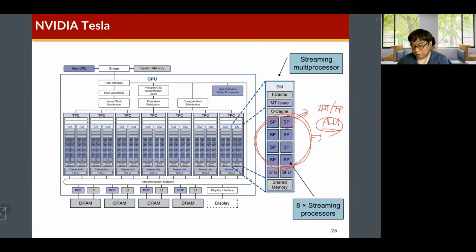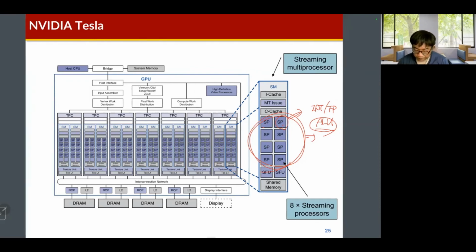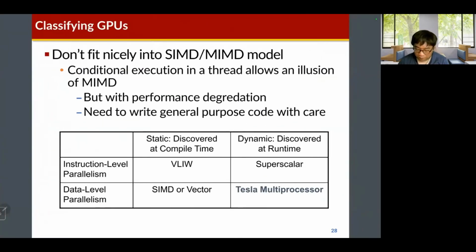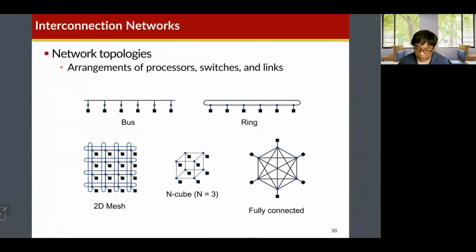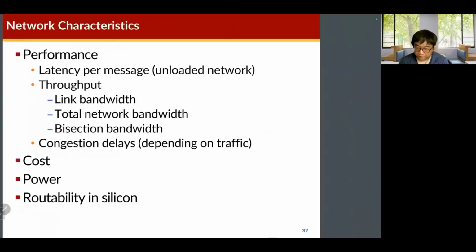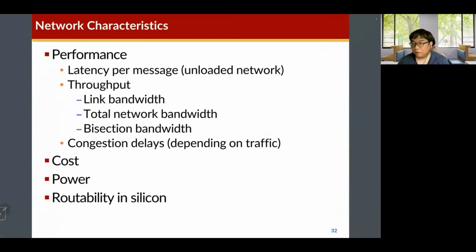But with these many small cores, GPU supports very efficient parallel processing. The GPU architecture is also very different from CPU architectures. We will not learn about the GPU architectures or interconnections in this course because this is an advanced topic in computer architecture.